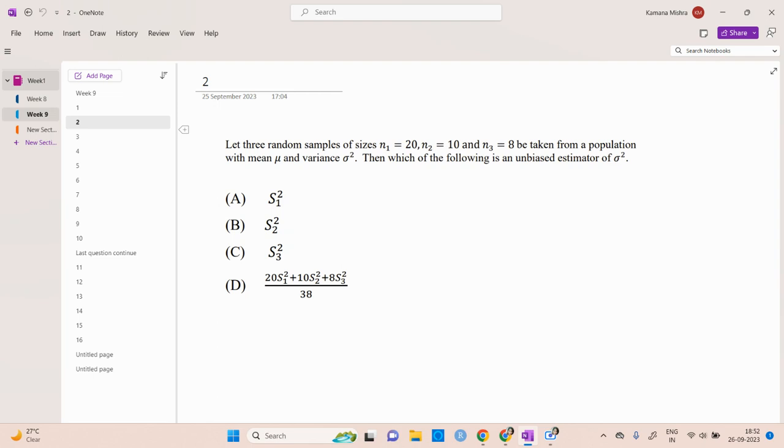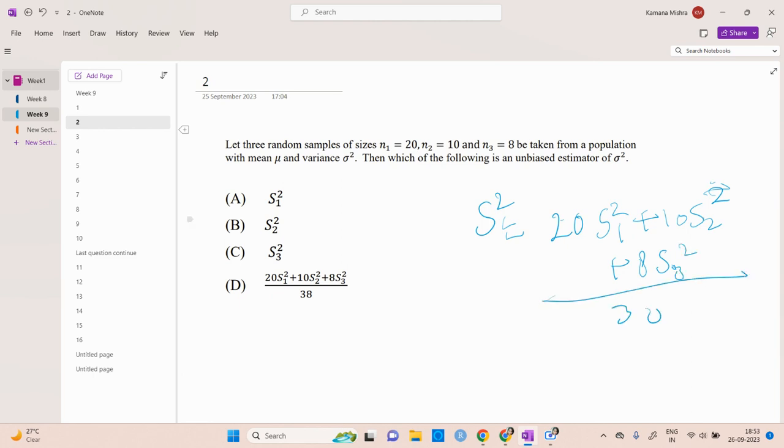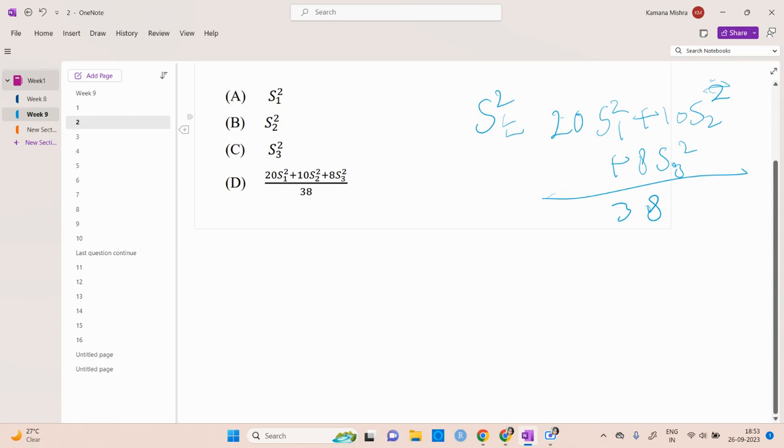If we take s square as 20 s1 square plus 10 s2 square plus 8 s3 square, divided by 38, then expectation of s square will be what?